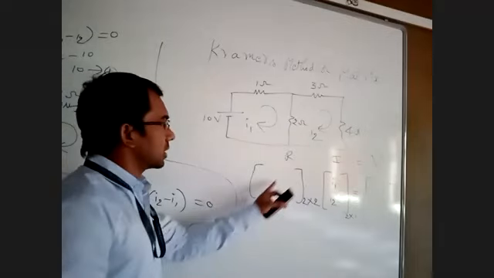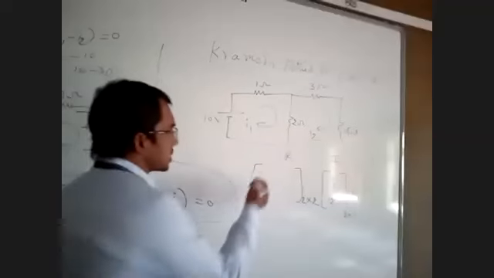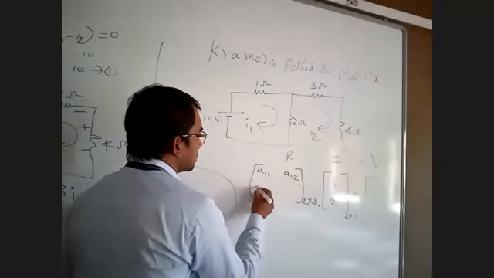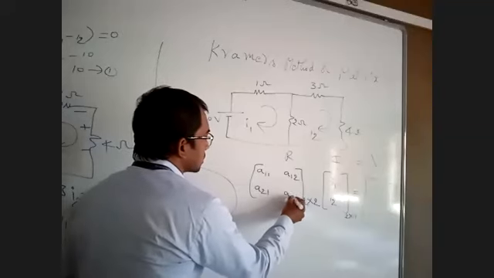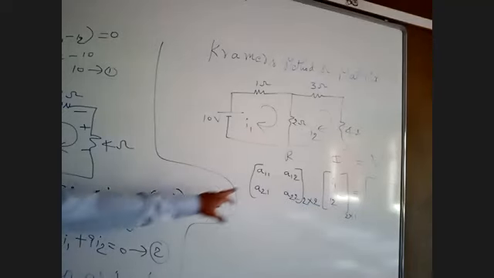Here, first I am writing the resistance matrix. Let us see A11, A12, A21, A22. Four elements are there.